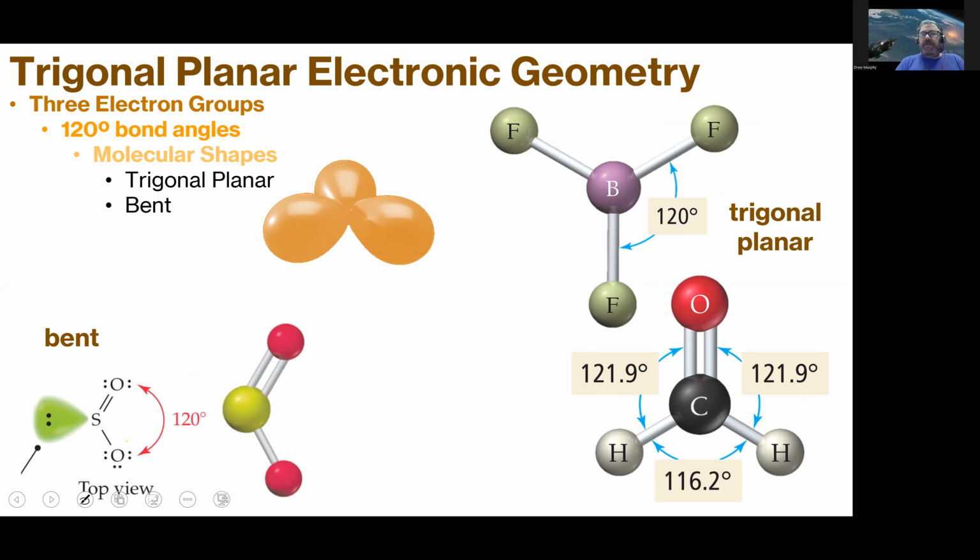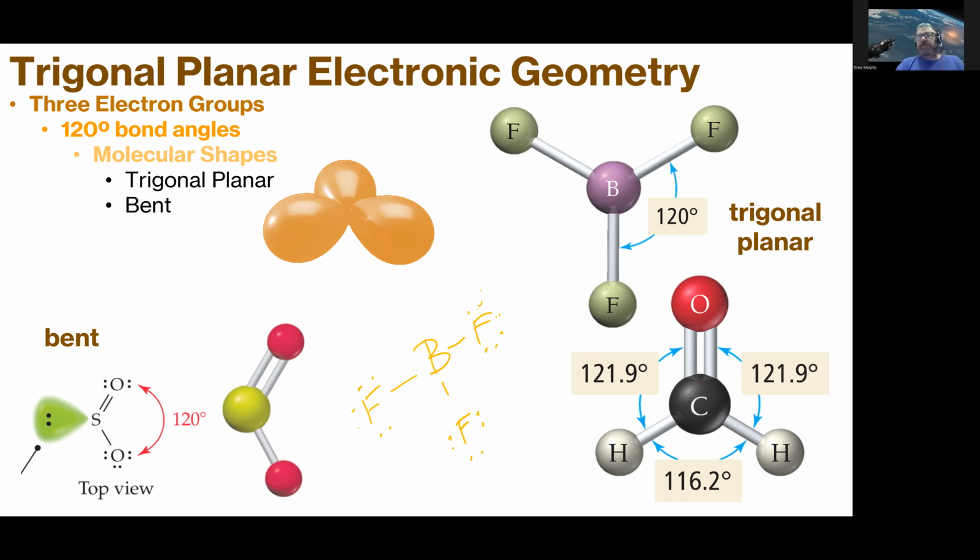If you have no lone pairs on the central atom, like BF3, you can draw the Lewis structure however you want. Counting the electron groups in the center tells us how many things are there and what the geometry is. There's our BF3: 3 bonds, no lone pairs, that's 3 electron groups. It's trigonal planar geometry.